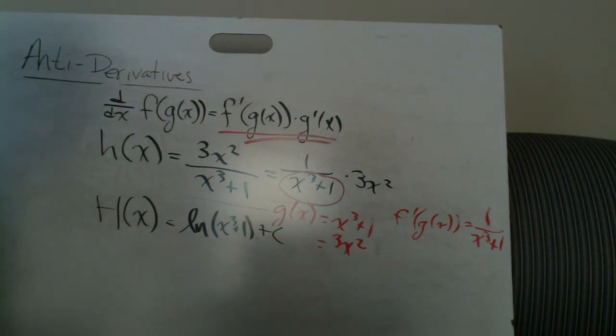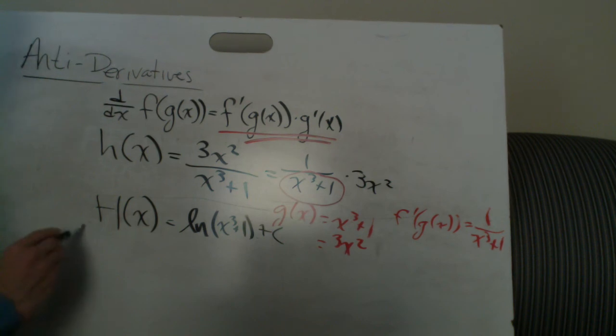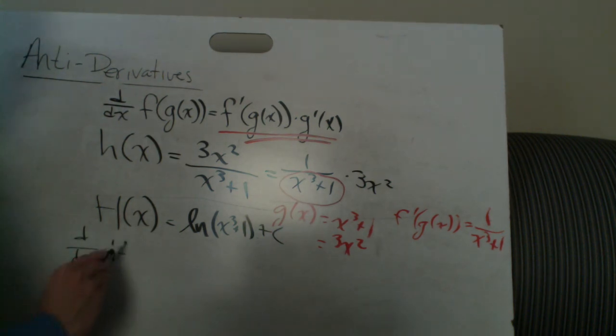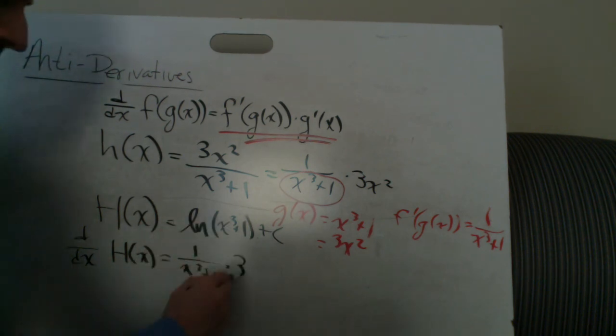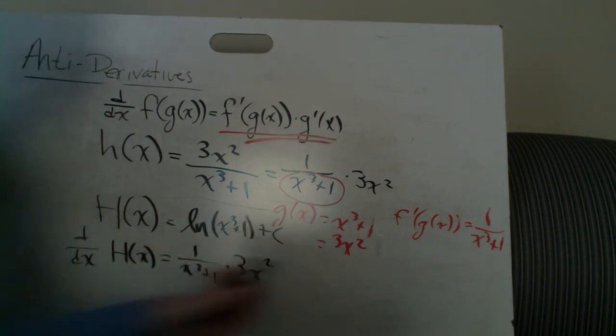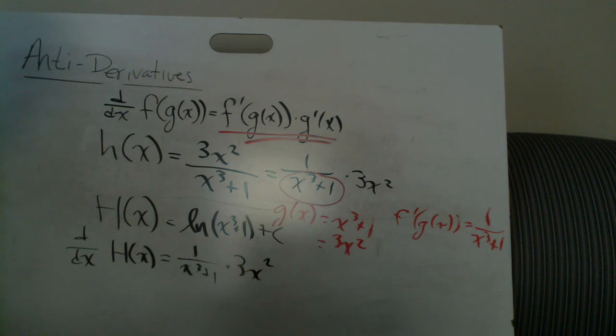Let's test this out to make sure we are right. Remember, you can always test out the antiderivatives just by differentiating. So let's do that quickly. If we take the derivative of H of x, we get 1 over x cubed plus 1, that's the derivative of natural log, times the derivative of the inside, 3x squared, and then the plus c becomes 0.